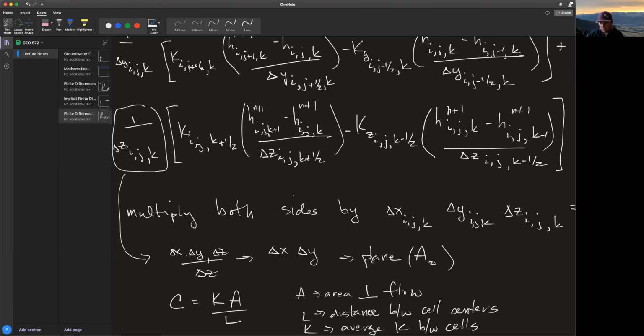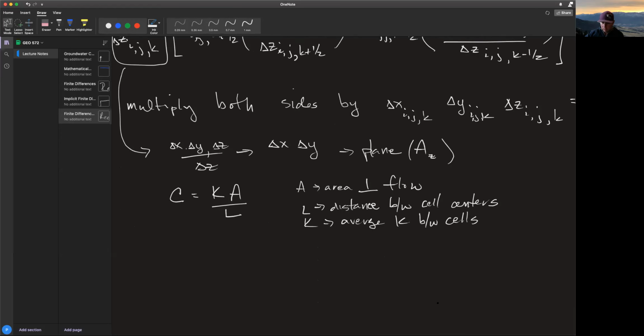All right, so let's call, this is specific MODFLOW nomenclature, C sub R is equal to Kx Ax over Lx. C sub C is equal to Ky Ay over Ly.